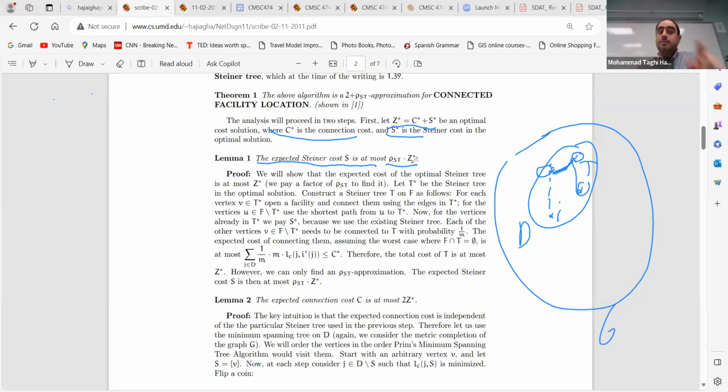How did we create it? We select a subset D prime, selecting each with probability 1 over M, then we open them and create the Steiner tree there. That cost is at most rho ST times Z star, and Z star already has S star in it. That is important, so let's see how it works.